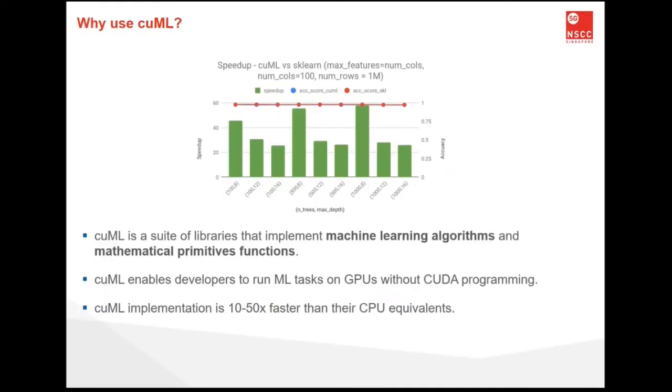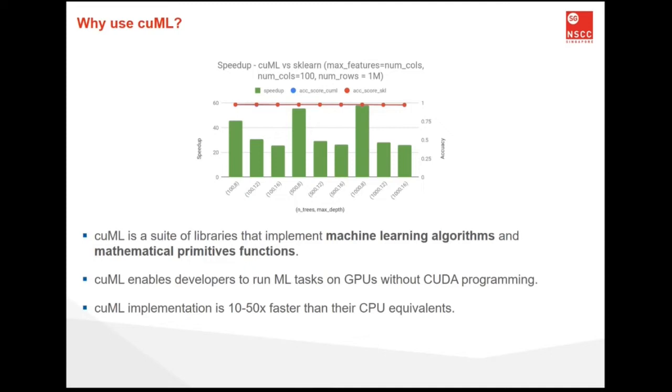cuML is a suite of libraries that implement machine learning algorithms and mathematical primitive functions that share compatible APIs with other RAPIDS projects. cuML enables data scientists, researchers, and software engineers to run traditional tabular machine learning tasks on GPUs without going into the details of CUDA programming.